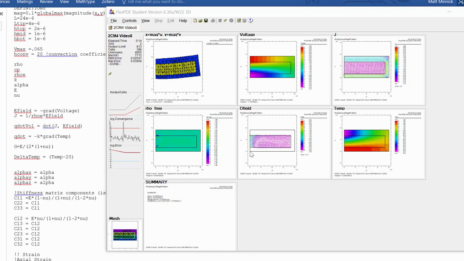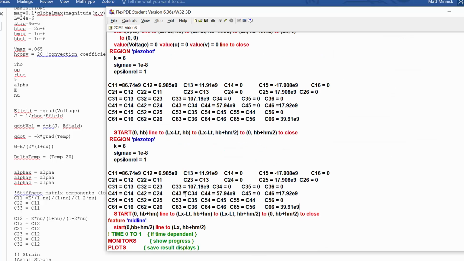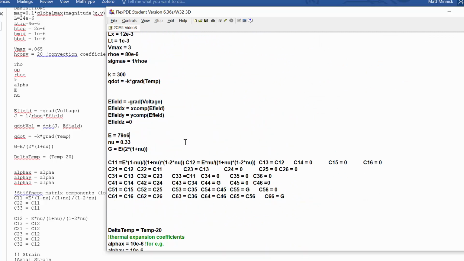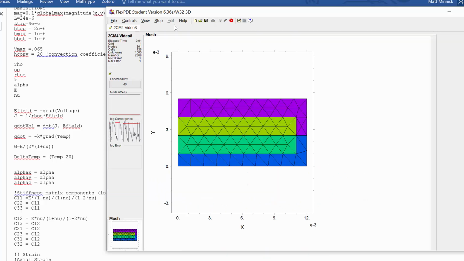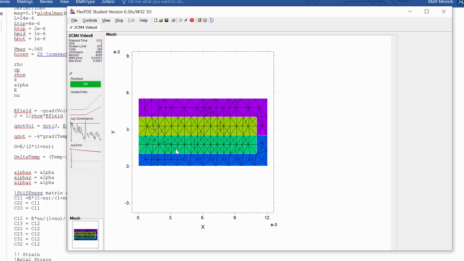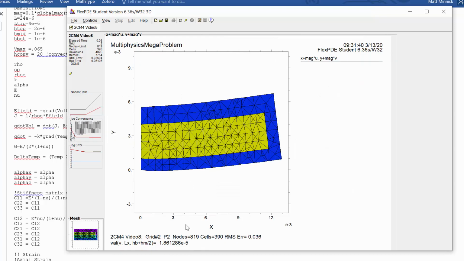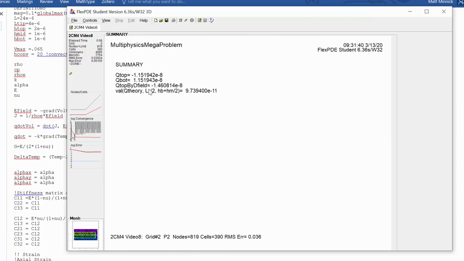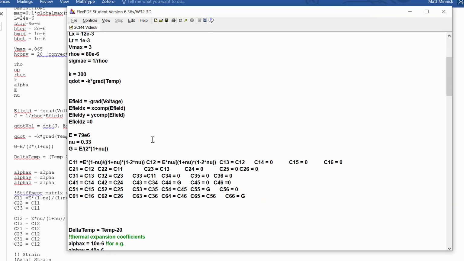To explore this more fully, we can mess around with the stiffness of the metal. So imagine it's 79E6. Now the metal is not very stiff at all compared to the piezoelectric material. And we end up with, I believe, a fair bit lower charge.